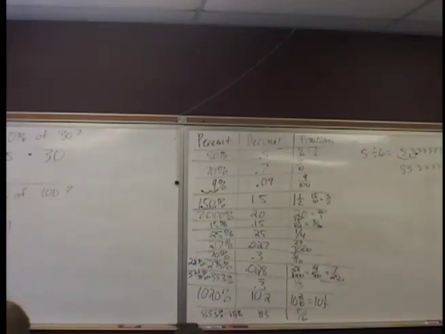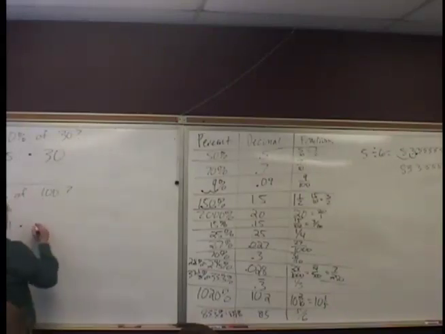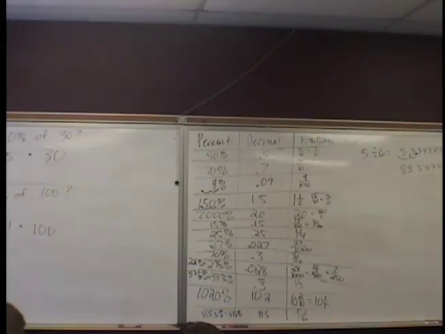Because 0.1%, got to move it 2 to the left. 1, 2. You got to get 2 zeros in there. Be careful, right? Here's our of, multiplication. Here's our 100. What's 0.001 times 100? 0.1. 0.1% of 100 is 1/10, right?